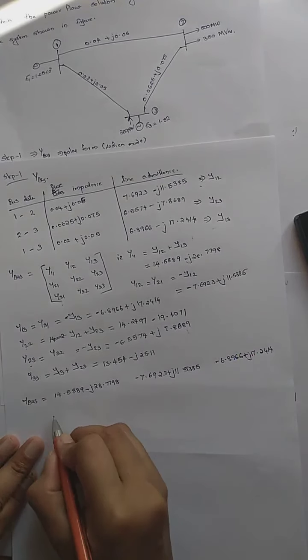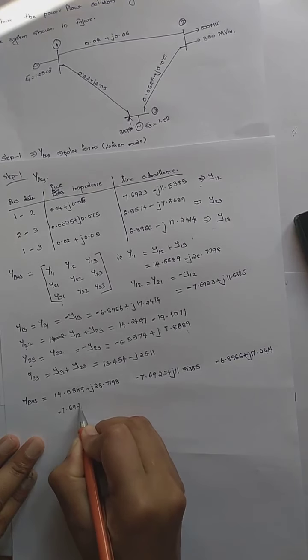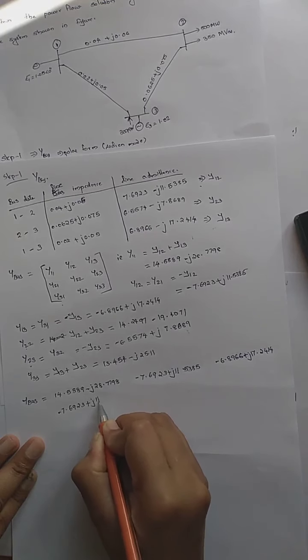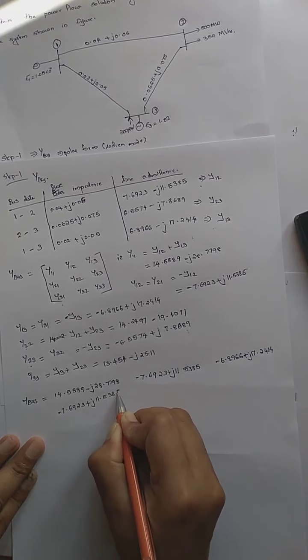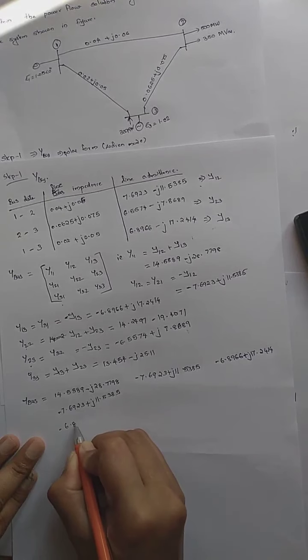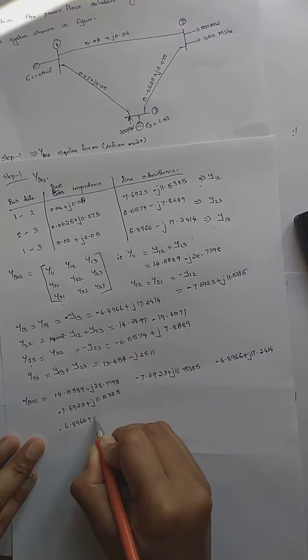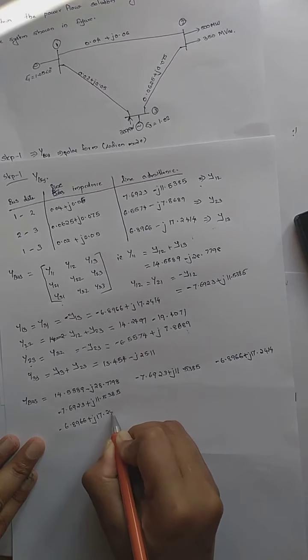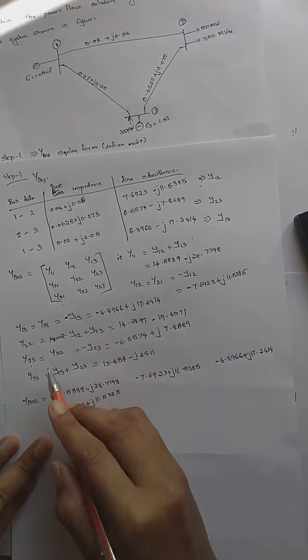The next row starts with the same values, minus 7.6923 plus j 11.5385, and minus 6.8966 plus j 17.2414.